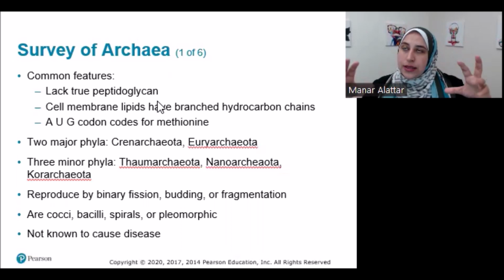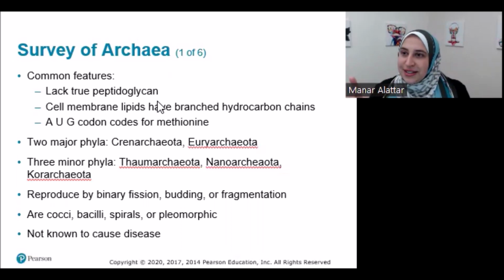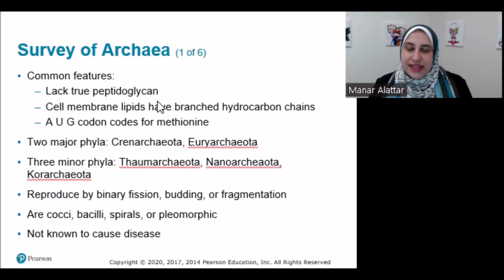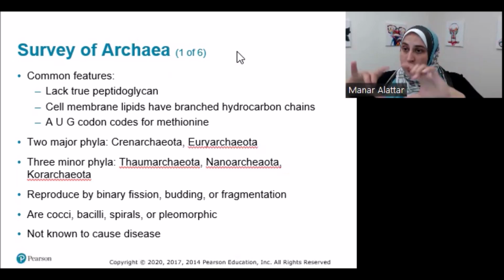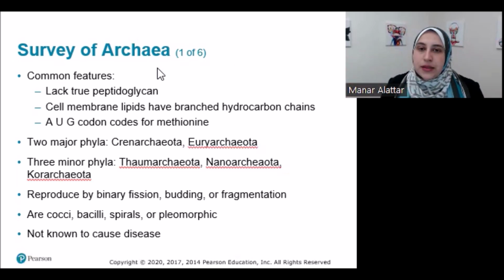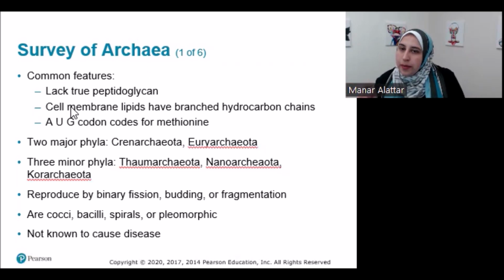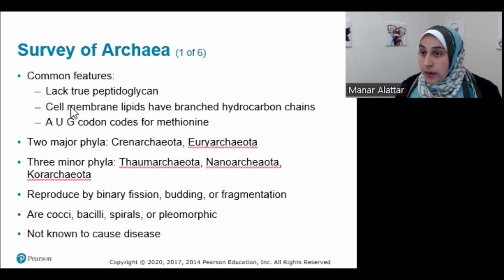Almost all bacteria, except for a couple of genera that have lost their cell wall for various reasons, oftentimes because they're obligate parasites, generally have cell walls made out of peptidoglycan, as opposed to this pseudopeptidoglycan or slightly different cell wall structure in archaea. Also, the archaeal cell membrane has branched hydrocarbons within it rather than straight hydrocarbons, which is how bacteria's cell membranes are.